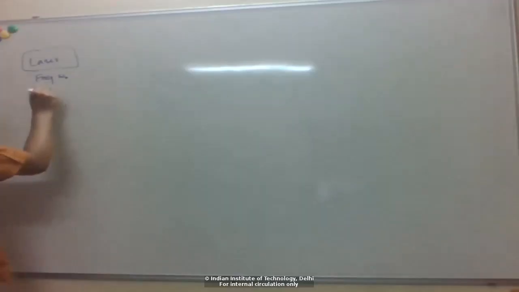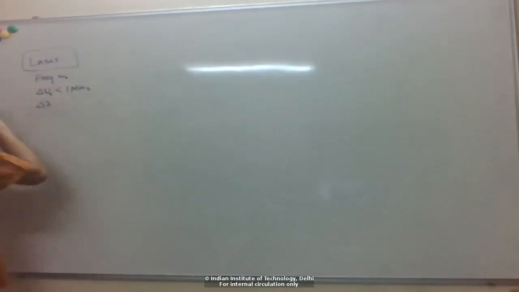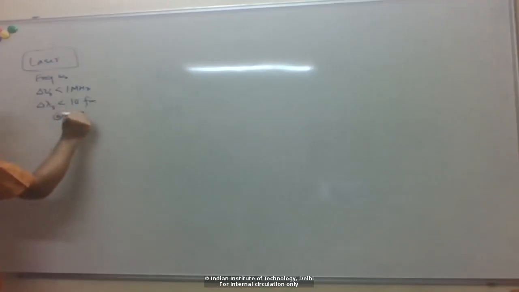To give you some sense of scale, the frequency bandwidth delta nu is less than 1 megahertz. In wavelength, that's less than 10 femtometer at a wavelength of, let's say, 1.55 micron.